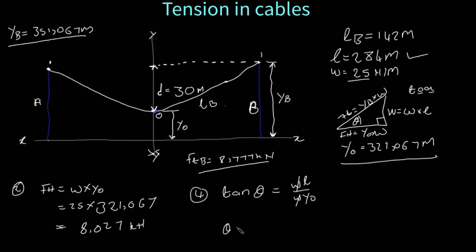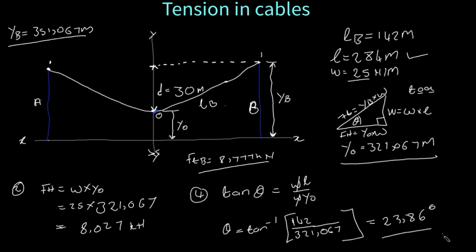So the angle is equal to the inverse of tan of LB, which is 142, over yo, which is 321.067, close bracket, and then this will give us an angle of 23.86 degrees.